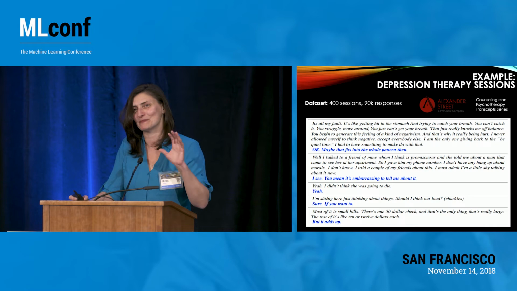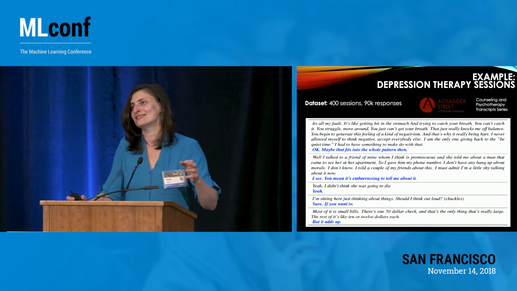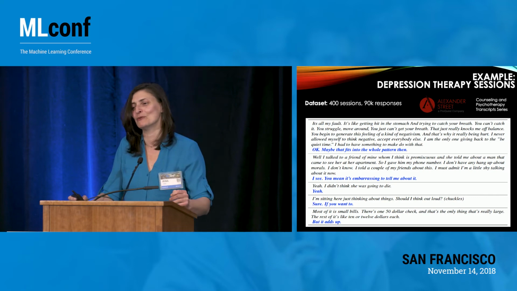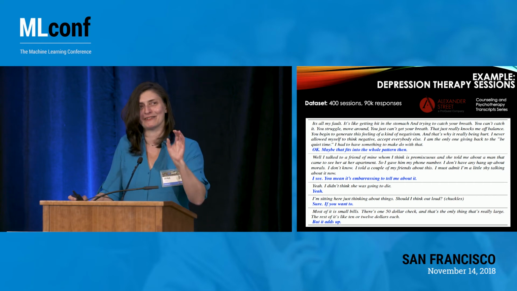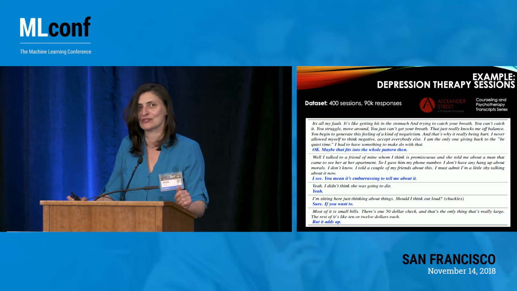There are interesting specifics of this type of dialogue. Usually a patient talks a lot, a paragraph or a few paragraphs, and then there is a short answer from the therapist, which in a sense makes it easier, a specific sub-problem of open-ended dialogue generation, which is hard to solve. It's shorter, and it's also of a specific type.